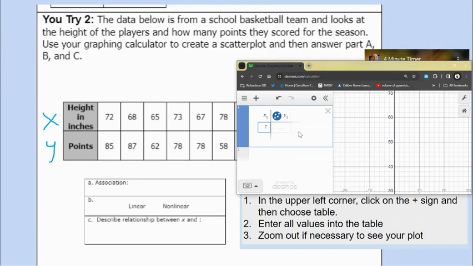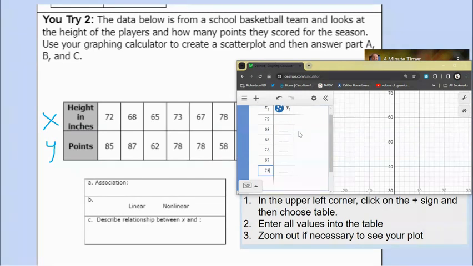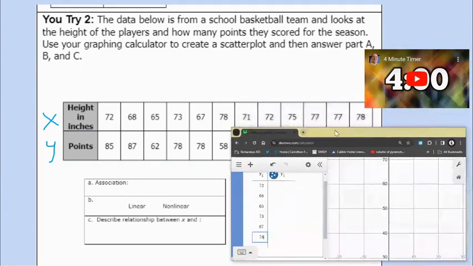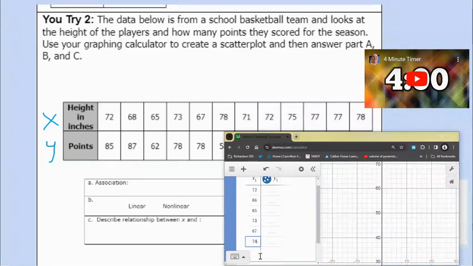All right, so we're going to do 72, 68, 65, 73, 67, 78, 71, 72, 75, 77, 77, 78.